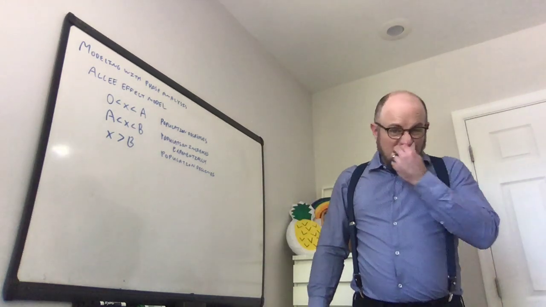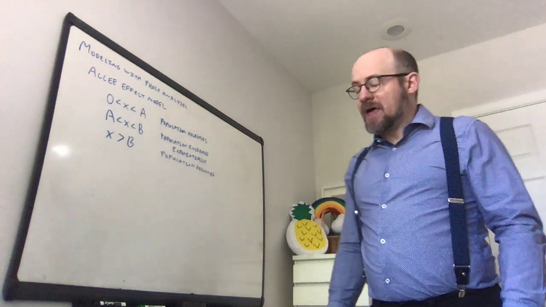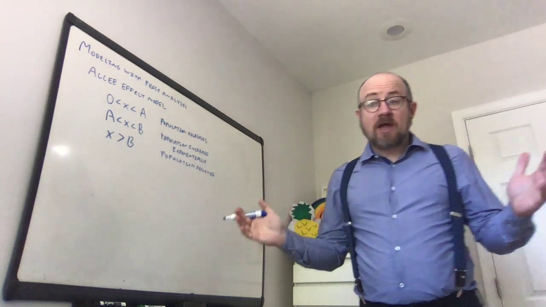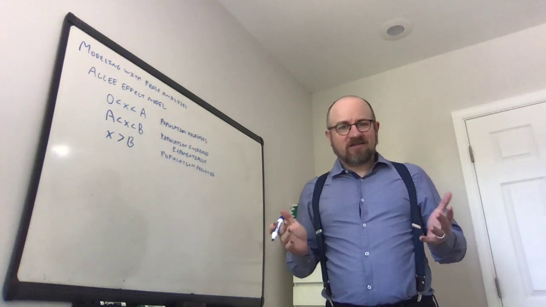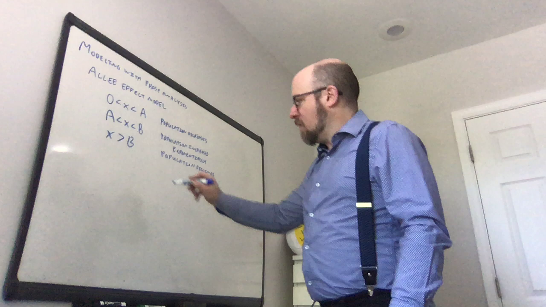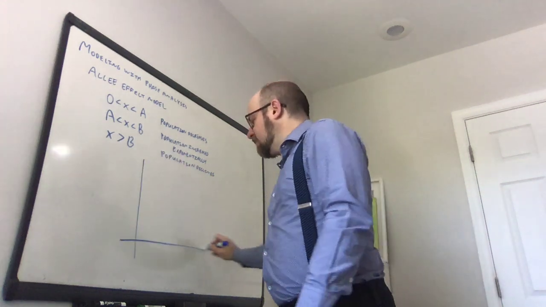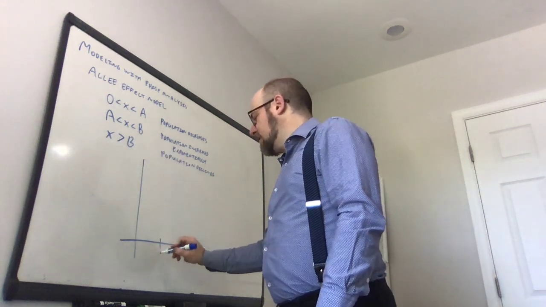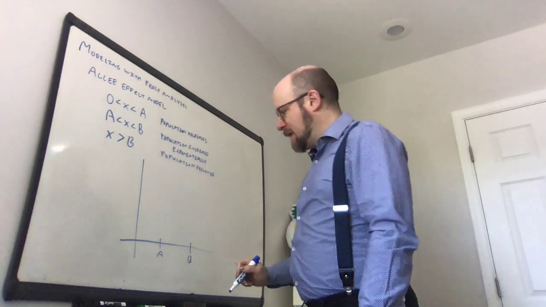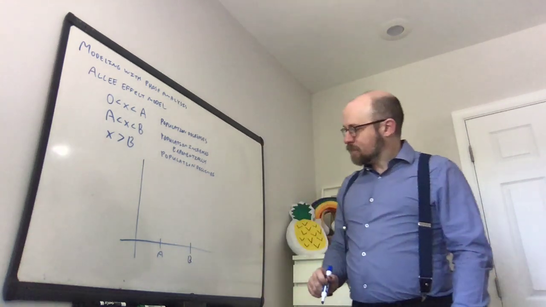Okay? And so if you think about this model, you might say, okay, what's the differential equation? It might be really hard to think about what that differential equation would look like. But if you think about what the phase analysis should look like, you've got 0, you've got A, you've got B, right?